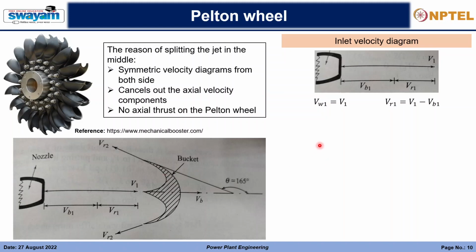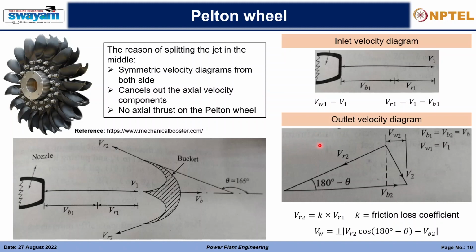Now I will explain what the whirl component and the axial component are from this outlet velocity diagram. At the outlet, the jet is leaving the blades with the relative velocity.